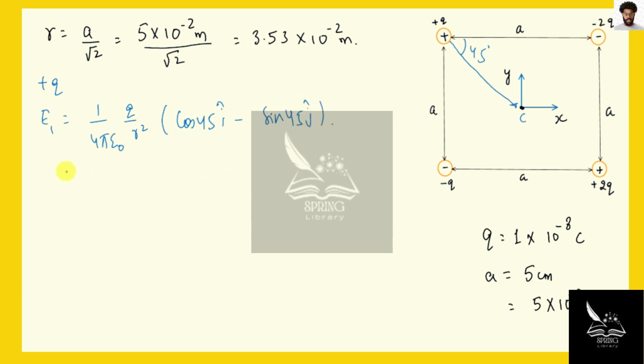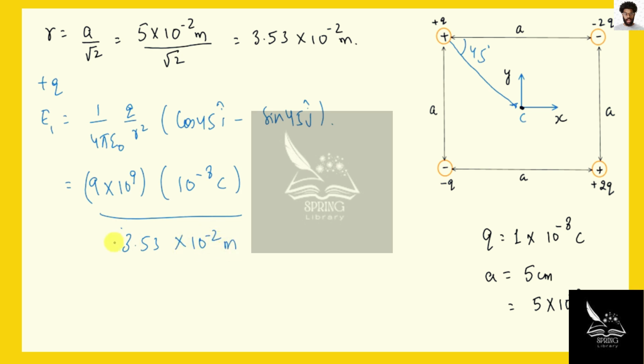Now we're going to put the values. So 1 over 4 pi epsilon naught is equal to 9 times 10 to the power 9, a constant, times Q we have this much, so 10 to the power minus 8 coulomb, divided by R square we have this much, so 3.53 times 10 to the power minus 2 meter whole square, times cosine 45 is 1 over root 2 i cap minus 1 over root 2 j cap.